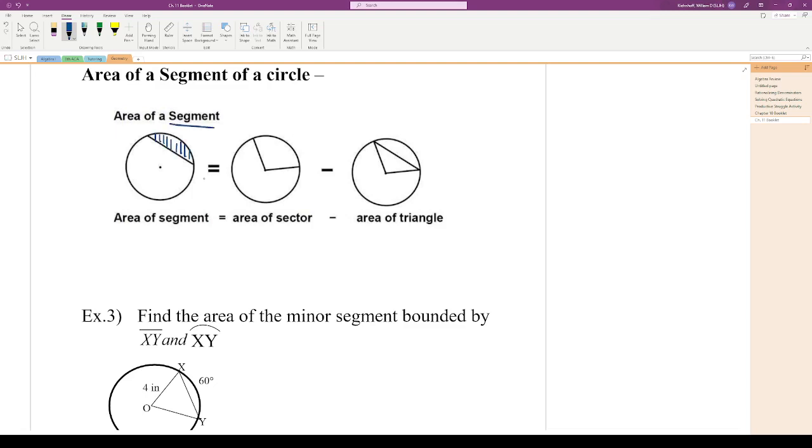Same word we use for line segments, but this is a segment of a circle. And they're saying we can take the area of a sector minus the area of that triangle and treat it basically like a shaded region problem. So we find the area of this entire thing here, and then take away this part, and we're left with just this segment, this little outer crust part.